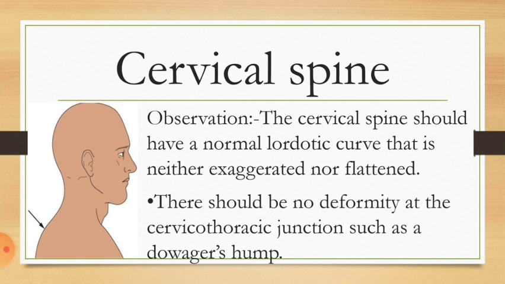There should be no deformity at the cervicothoracic junction such as Dowager's hump. Dowager's hump describes a raised area in C7 and T1 junction, often observed in postmenopausal women due to the osteoporosis.